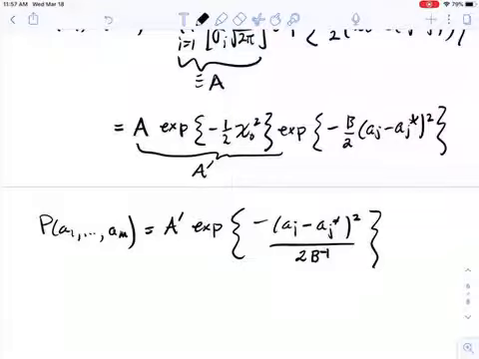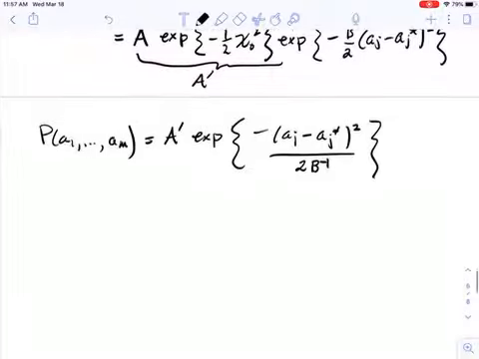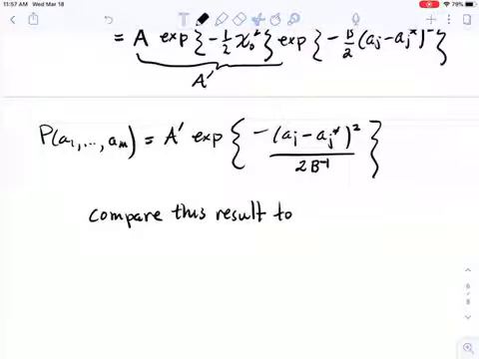Okay, so I took that b and I wrote it as 1 over the inverse of b. I want to compare this result to the Gaussian probability distribution, okay?